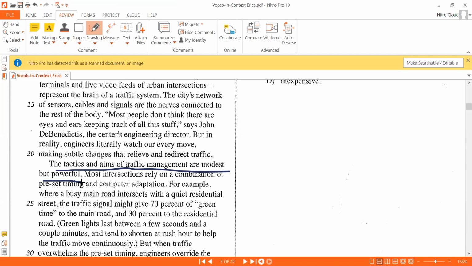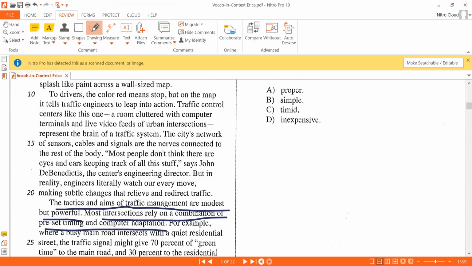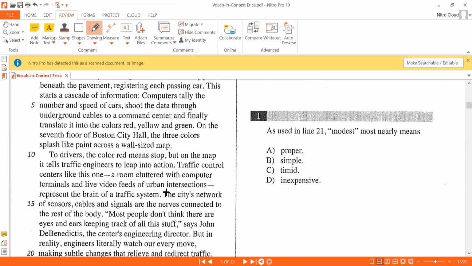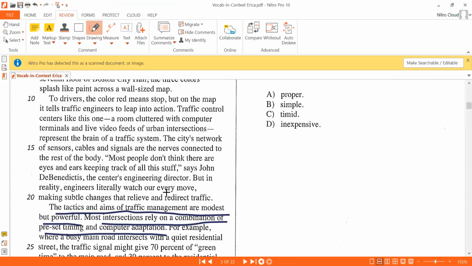So if you actually read the sentence that follows, most intersections rely on a combination of preset timing and computer adaptation. So basically, what do you think the word modest here means? So when you think about it, this is like they are powerful, but they are kind of straightforward. They are not complicated, I can tell.